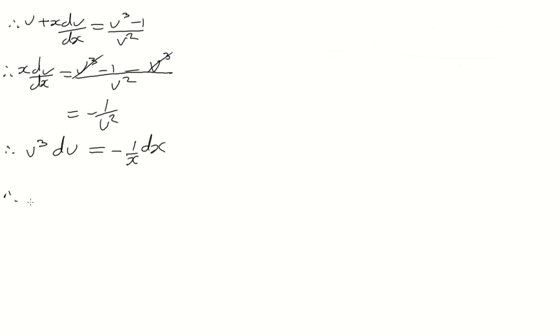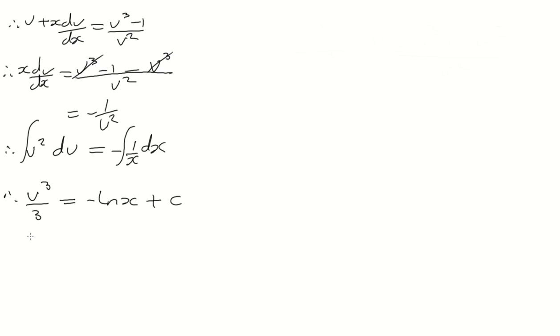Therefore we're getting, this is power 2. So we have to integrate here. We're getting v cubed over 3 is equal to minus ln x plus a c. Okay, plus a c.